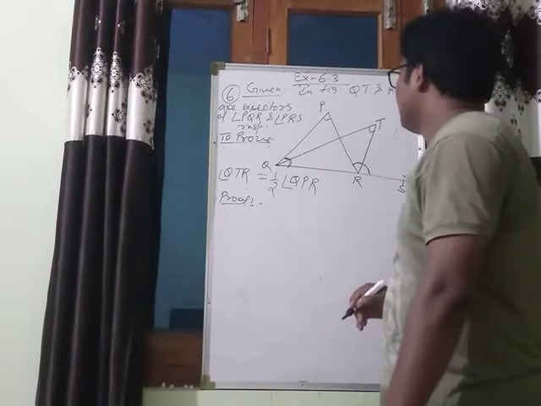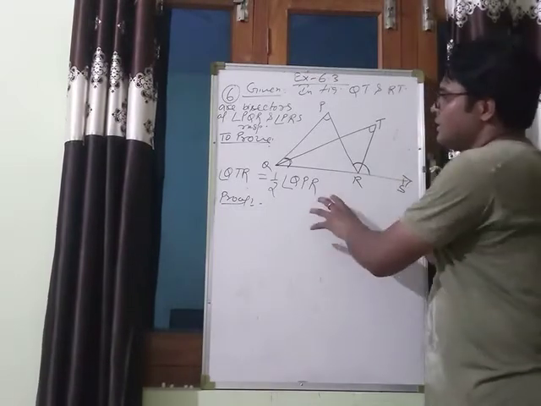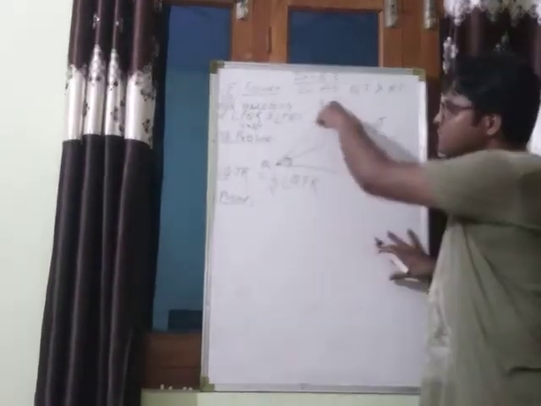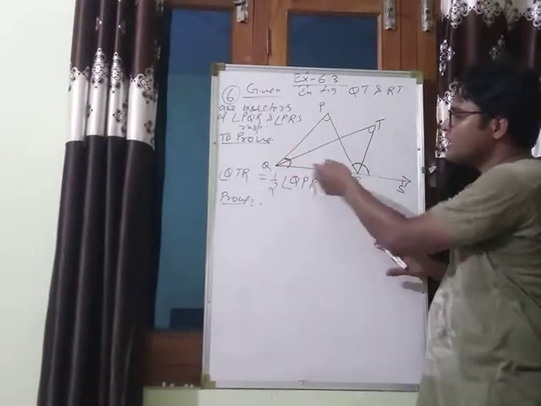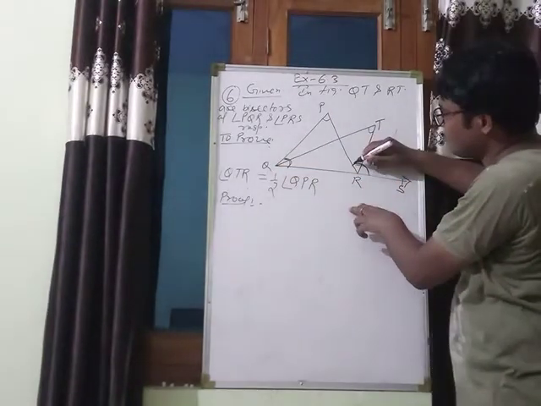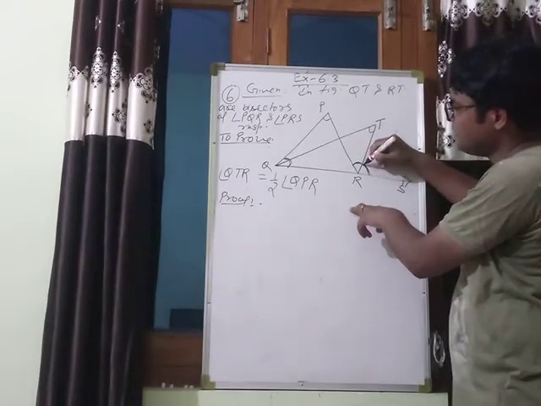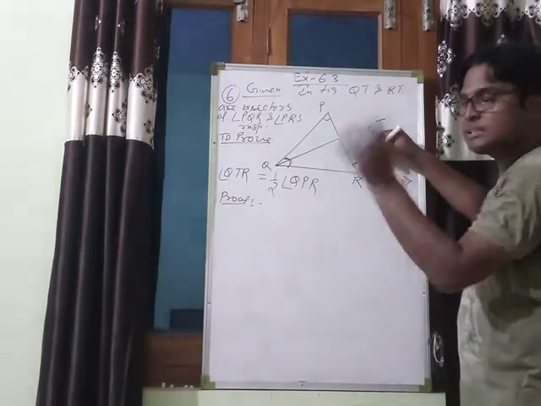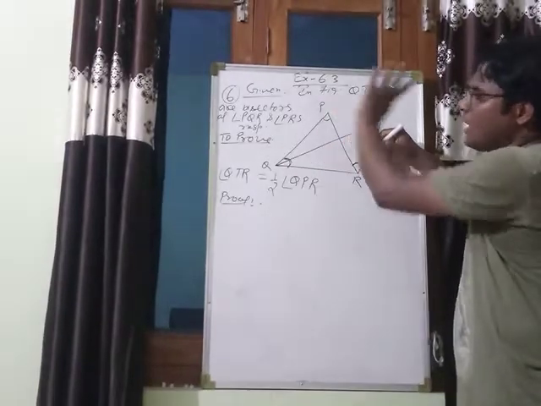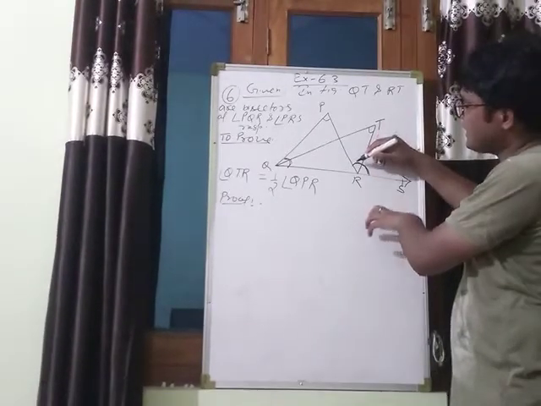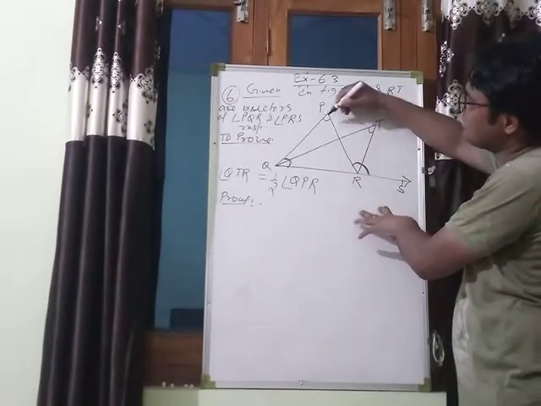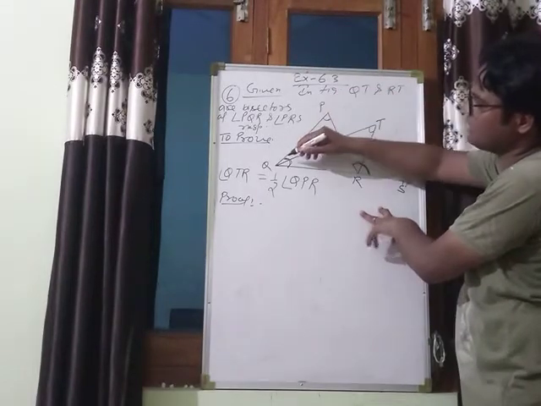See, this triangle PQR, when its side QR is produced, this angle PRS is formed. So this PRS is actually an exterior angle for triangle PQR. So this exterior angle is equal to the sum of interior opposite angles, this one and this one.